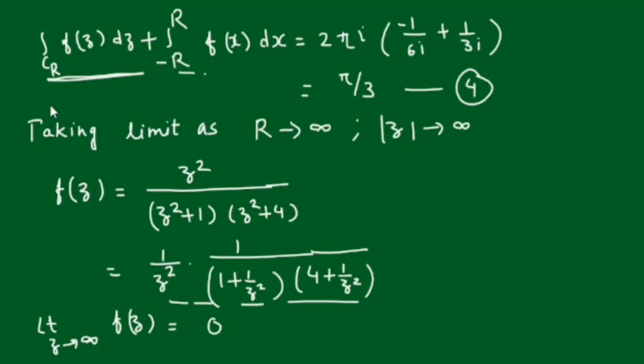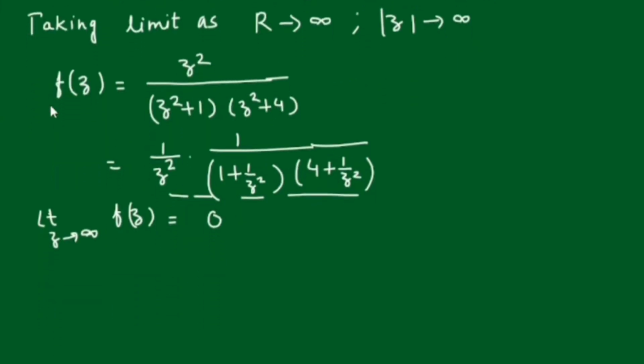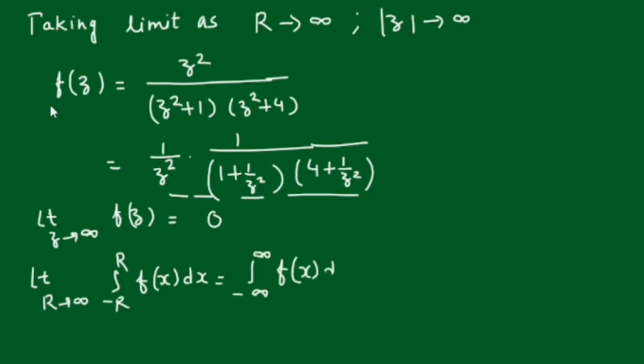Now what happens to this? Now here limit r tends to infinite, integral from minus r to plus r f(x) dx will be integral from minus infinite to plus infinite f(x) dx. Okay. Now we put these two values in our equation 4. Then our equation 4 will become, first term will vanish.